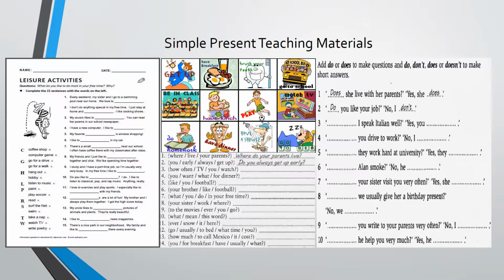One of them is the WH question. In the third picture, you can see questions like how often, what, or how much. In the fourth picture, you can see the use of do or does to make questions, and the use of do, don't, does, or doesn't to make short answers.